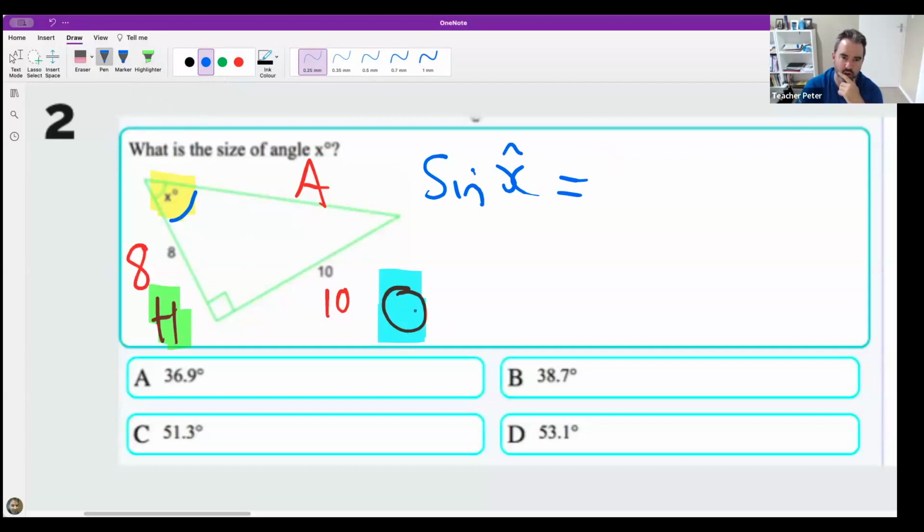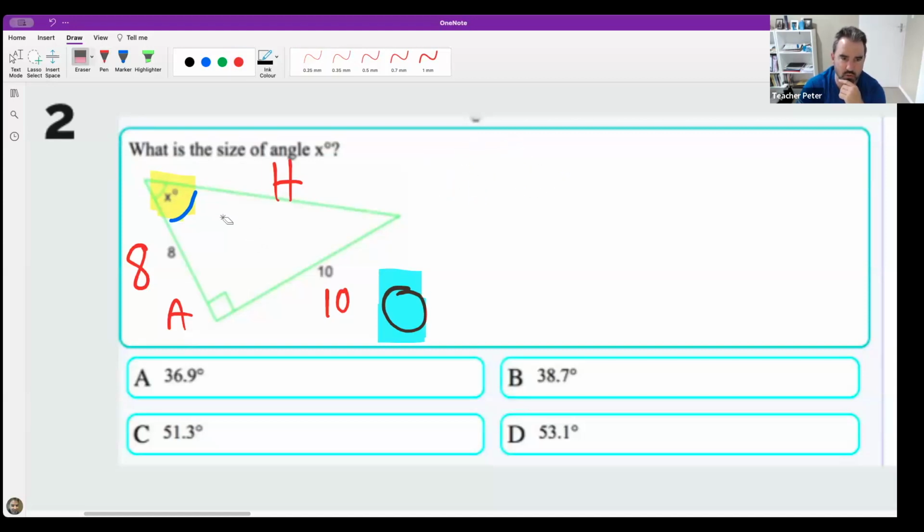Well, if that's O, I've written it the wrong way around. Goodness gracious, look at that. I had a moment. That should be H and that should be A. The reason I knew I'd made a mistake is that sine couldn't be greater than 1. So in that case, let's just make sure I'm doing the right thing. So we now have O and A, in which case, what trig ratio involves O and A?